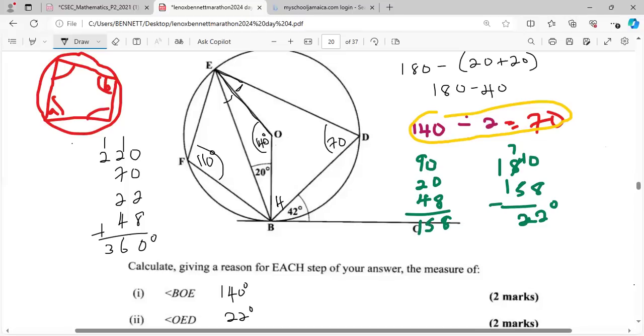Sir, what did you do to get the OED angle? Well, two ways you can do it. We could say that all of this angle right here, which I marked out, is equal to 42, which is the angle here.